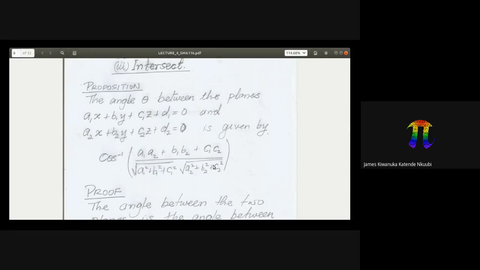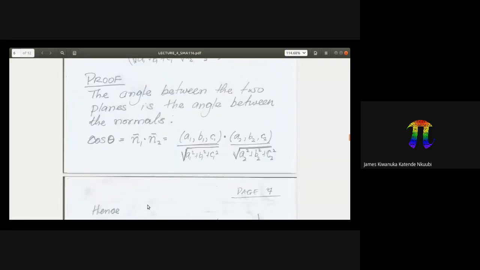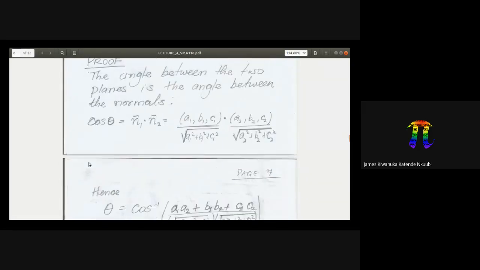let's prove this. So we're given two planes, then we want to find the angle between them. So the strategy here is to realize the following, that the angle between the two planes is the same as the angle between the normals. So if you get the angle between the normals, it's the same exactly as the angle between the planes.